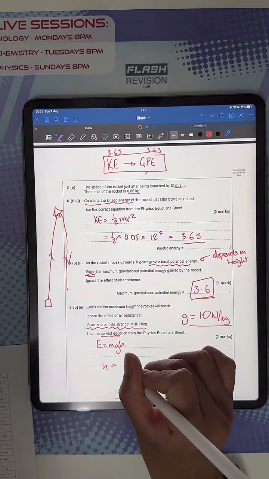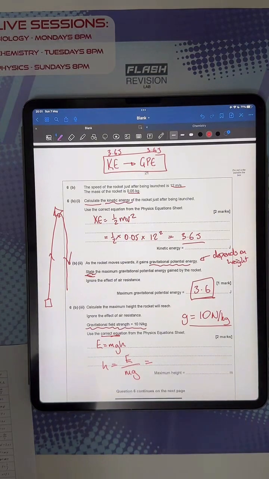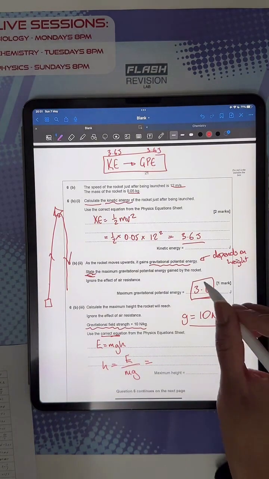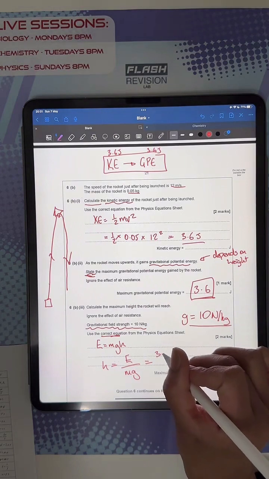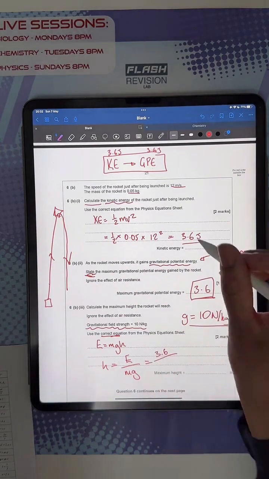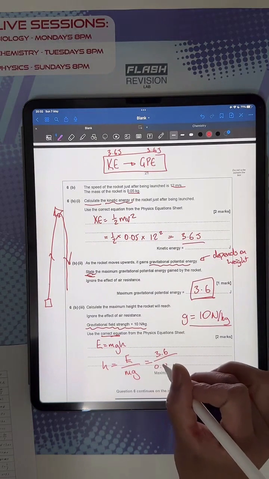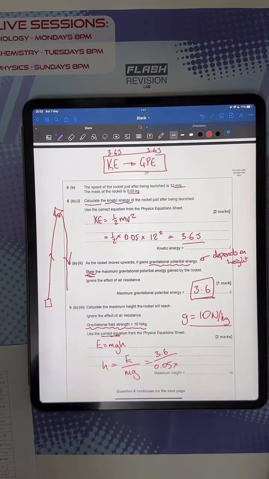So energy divided by mg. So we know the energy from the previous question is 3.6, divided by mass. We know the mass of the rocket was here, wasn't it, as 0.05. So we do 0.05 times by g, which if it's in the question they say 9.8, use 9.8.